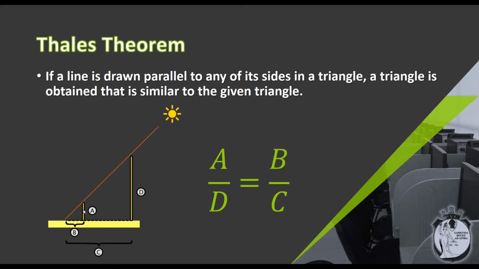What happened here: if you put another object here, you create two triangles. If you check Thales' theorem, it says that with parallel sides you obtain a similar triangle.